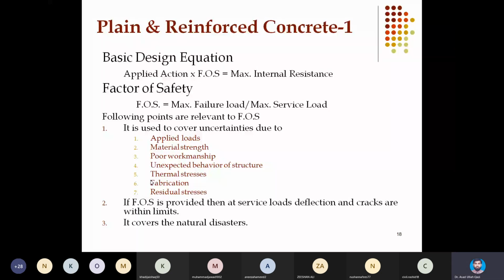And in this way, the structural performance can be improved during natural disasters.